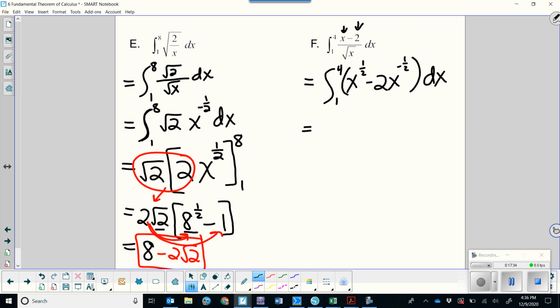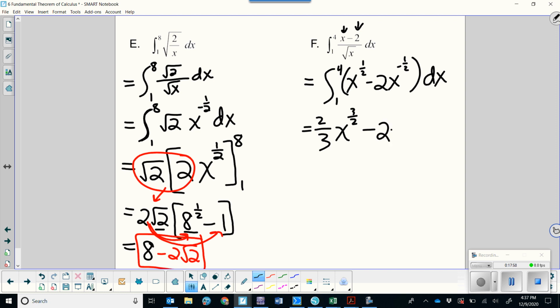Okay, so we are going to start doing these. So I have x, and it's currently to the 1/2. So I add 1, which is 2 over 2. So I get 3 over 2. And then I multiply by the reciprocal of the power when it's a fraction. Okay, minus, I have a 2 already here.